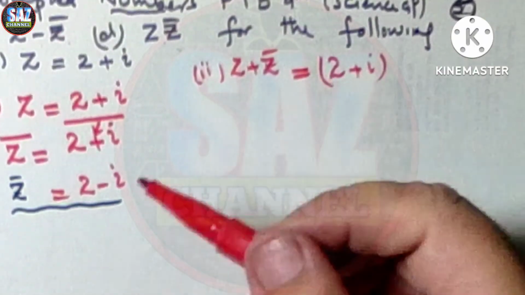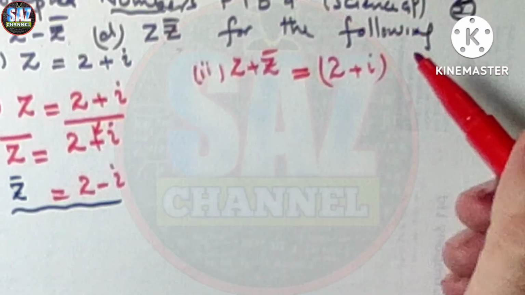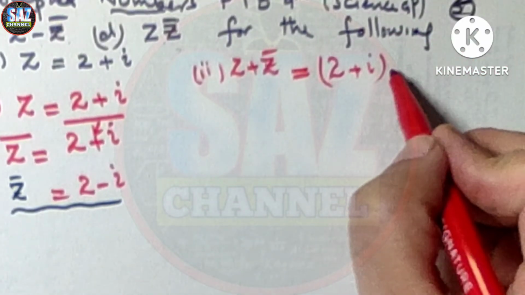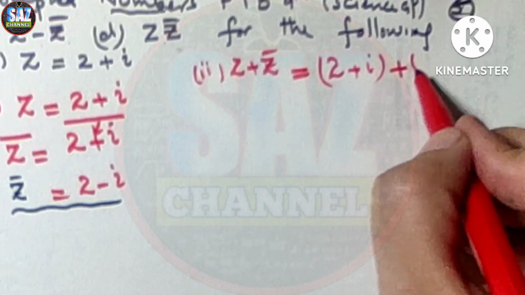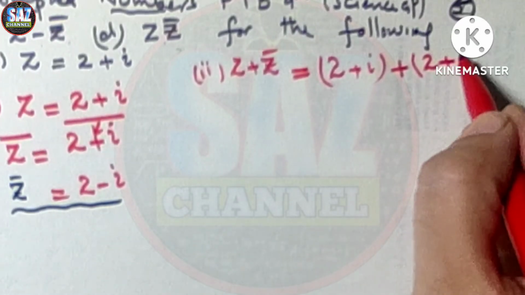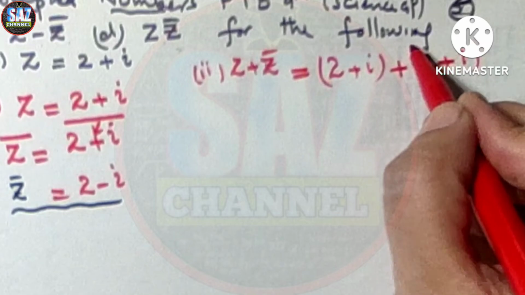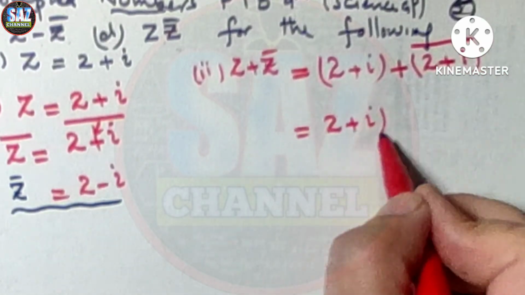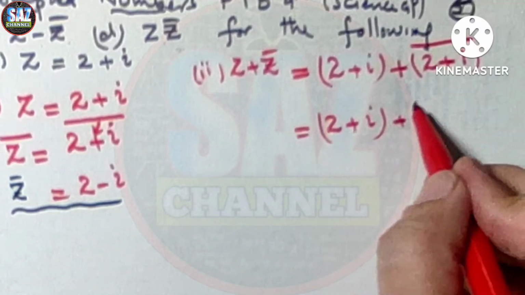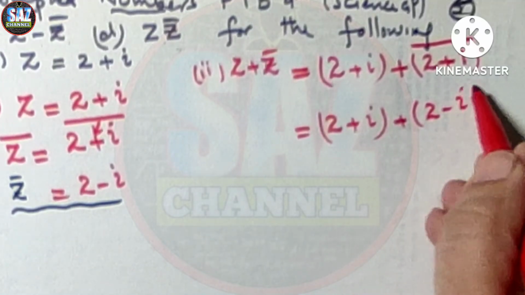Let's treat it as an independent question. So, what we are going to do is 2 plus iota, whole bar, 2 plus iota plus 2 minus iota.